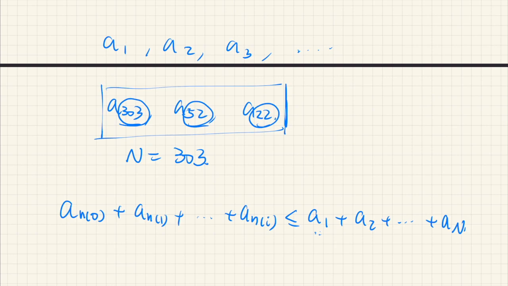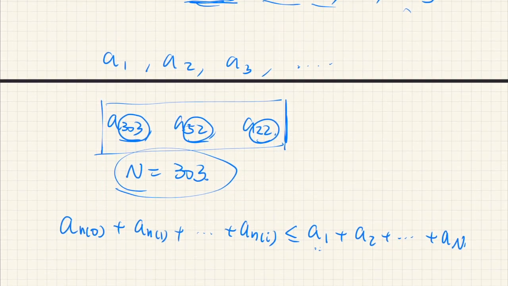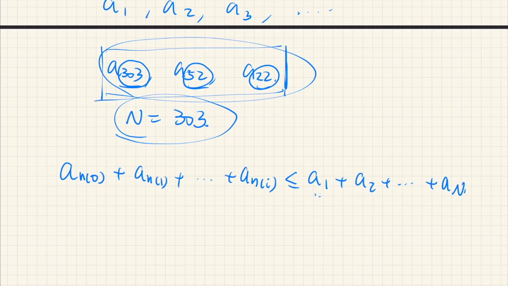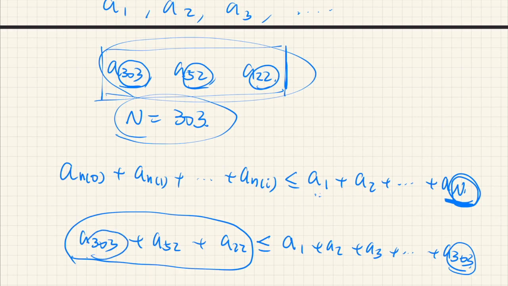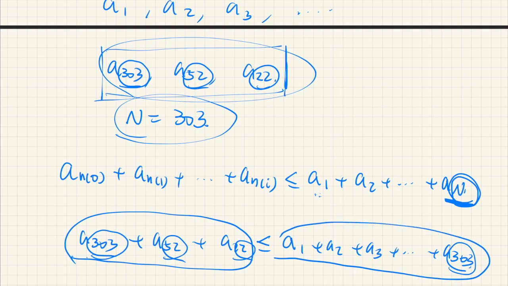So in this example, if we add these 3 terms, a_303 plus a_52 plus a_22, that is less than or equal to a_1 plus a_2 plus a_3 and so on up to a_303. Because we are keeping this largest index here, all the terms on the left-hand side are also on the right-hand side, and on the right-hand side there may be extra terms.